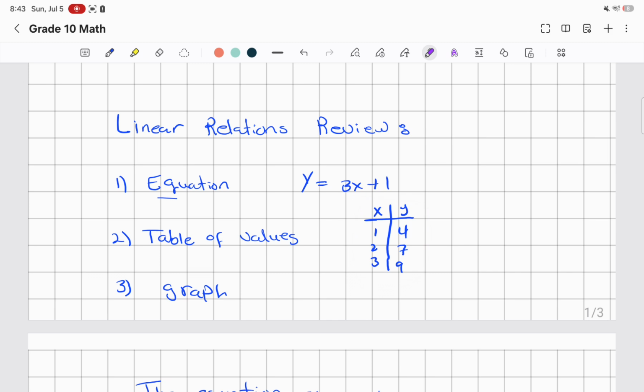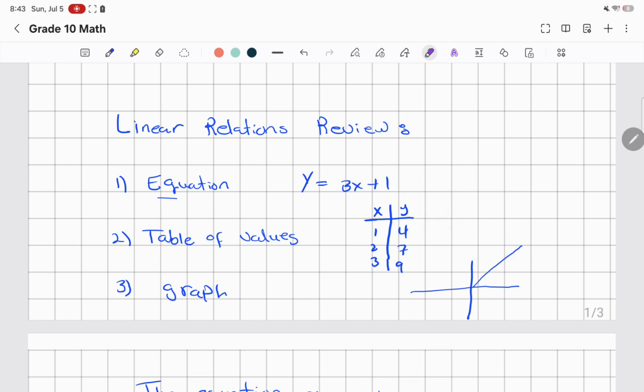And then the final way of representing a linear relationship is graphing. So basically taking that data that we got from a table of values and graphing it, which looks like this. Okay, these are the three different ways to express a linear relationship. You can go from an equation to a table, and from a table to a graph.